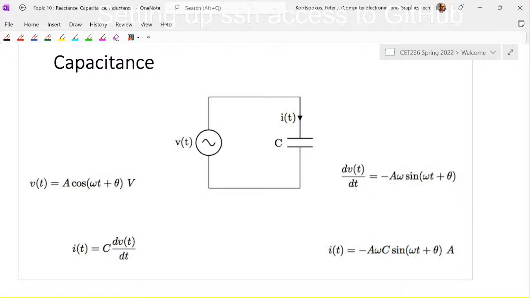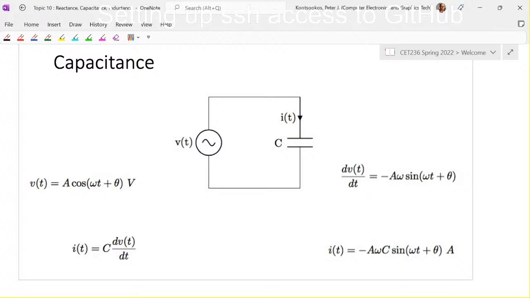So, capacitor. Now we've just taken the resistor away, and now we've put in a capacitor. If instead of a sinusoidal voltage I just put a constant voltage, that circuit, the capacitor, is just two metal plates separated by an electrolyte.